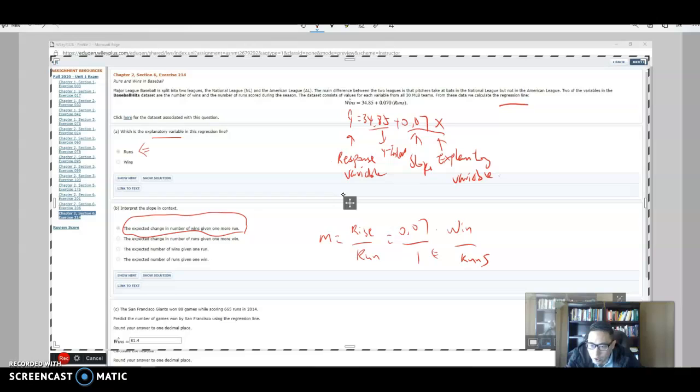And for C, the San Francisco Giants won 88 games, scoring 665 runs in 2014. This is what we call the actual observed value.